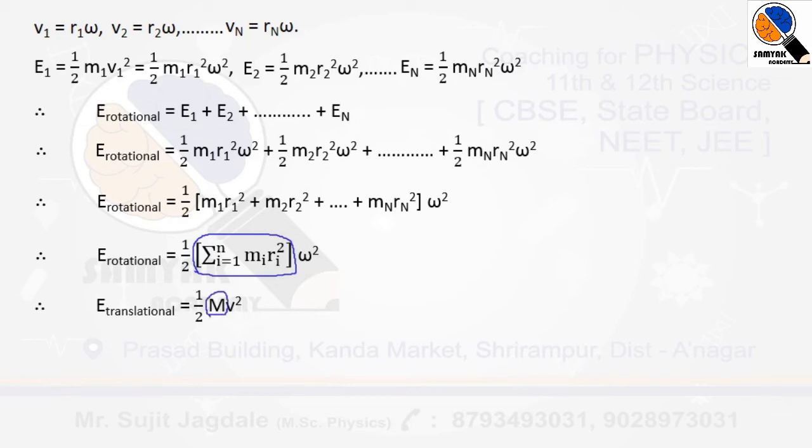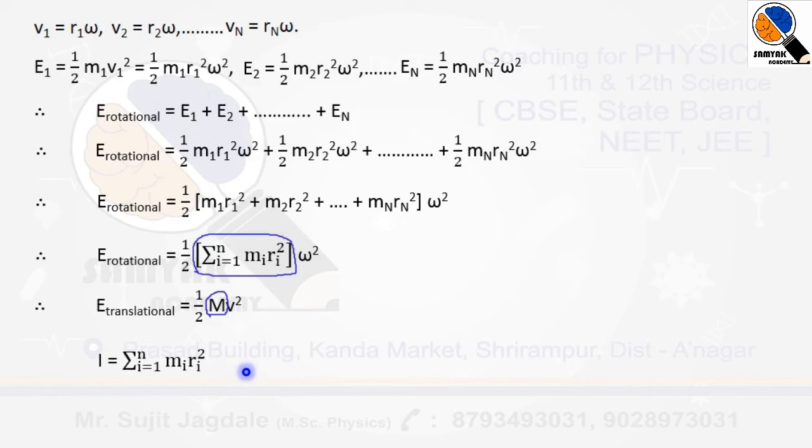So we can say that the bracket term is the opposition in rotational motion, which is considered to be the moment of inertia, indicated by capital I, which equals summation i equals 1 to n mi ri². Moment of inertia means the opposition provided to rotational motion.